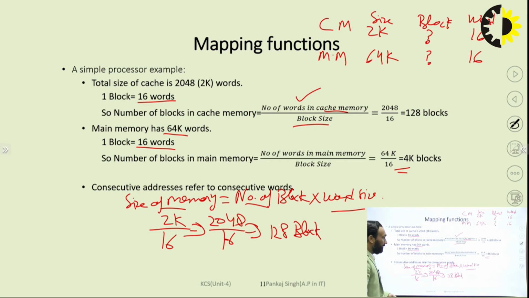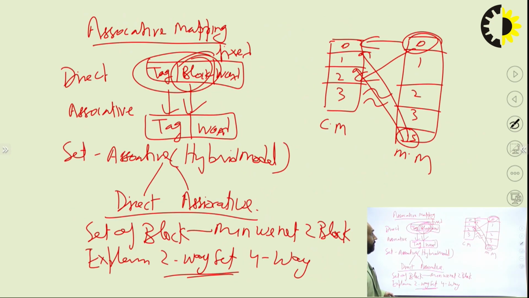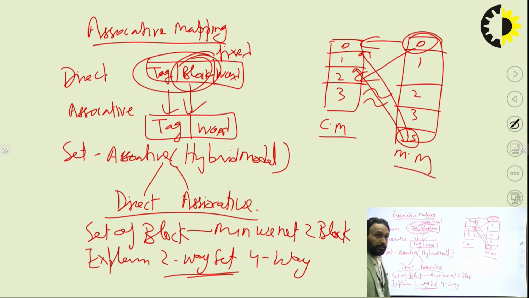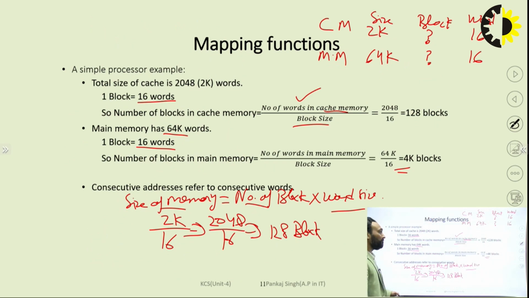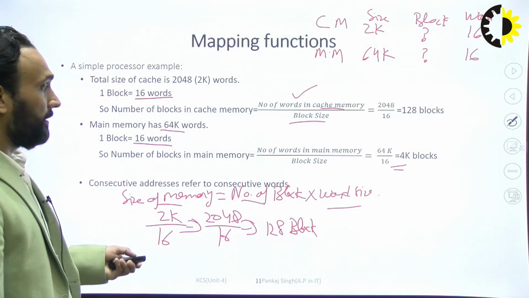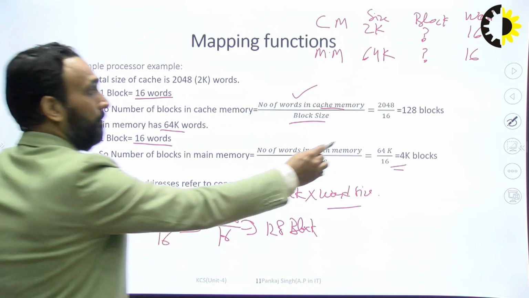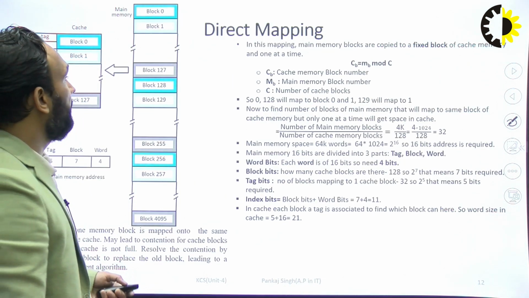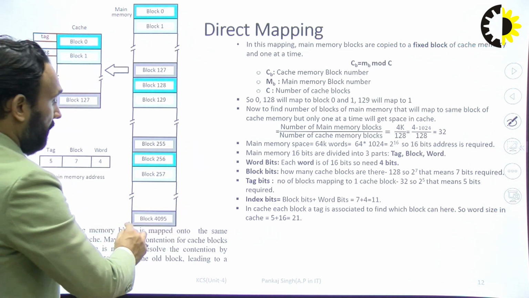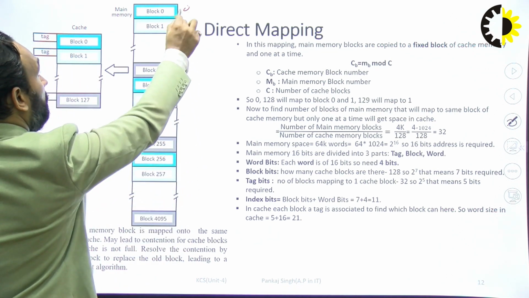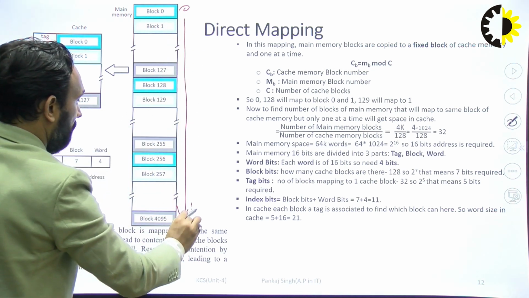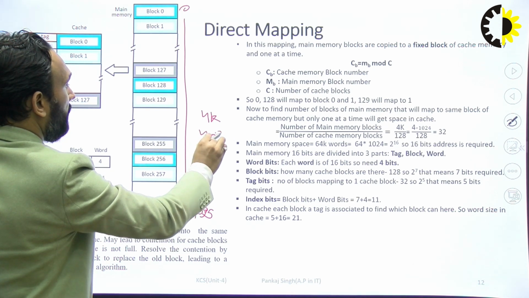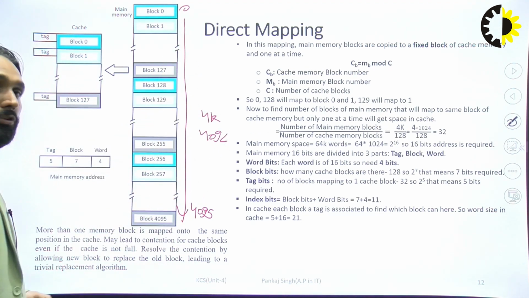These are the values of blocks, as I discussed in the theoretical part. As we see here, these are the values of blocks of cache memory and main memory. So the mapping is done this way. In main memory we have blocks from 0 to 4095, meaning 4K is 4096.